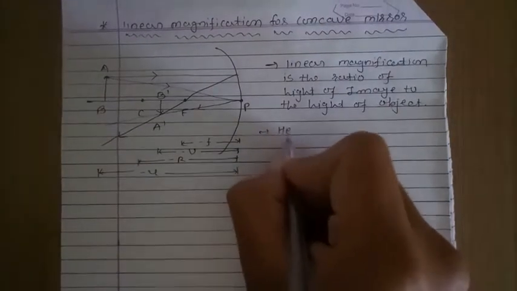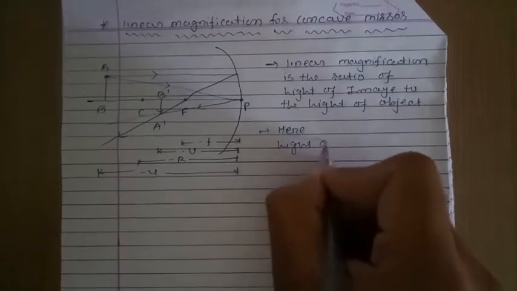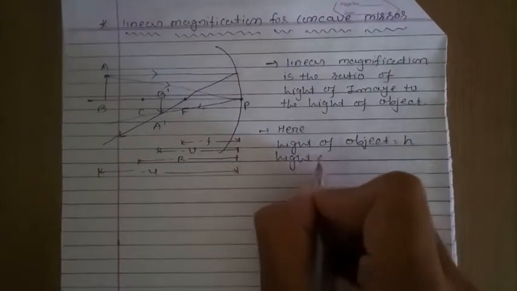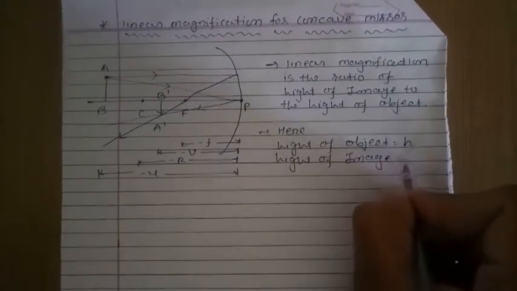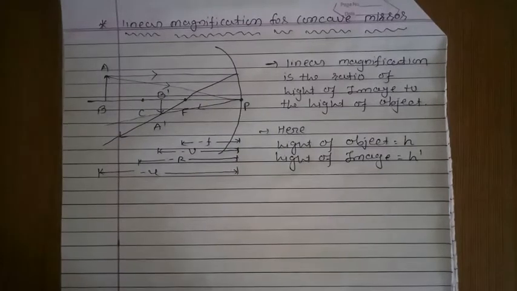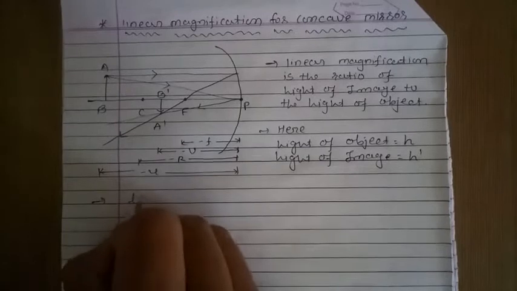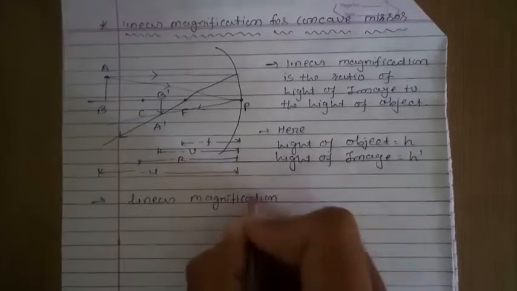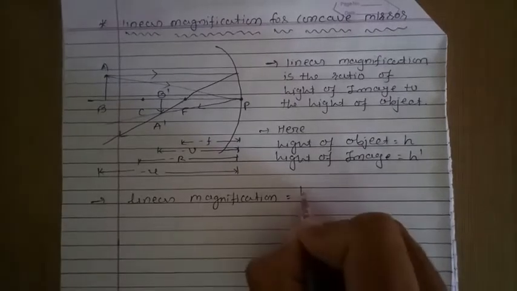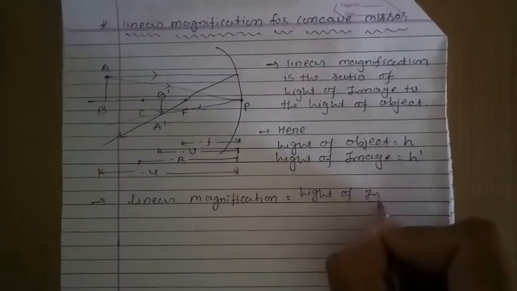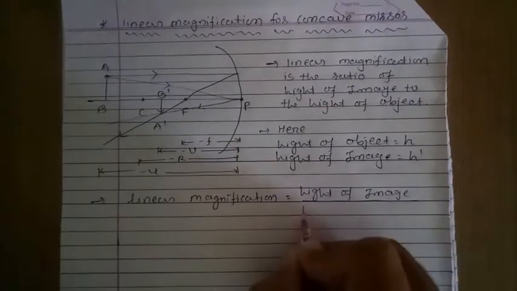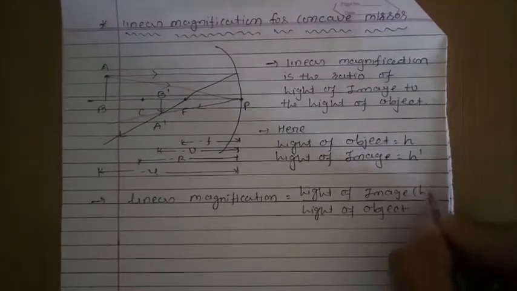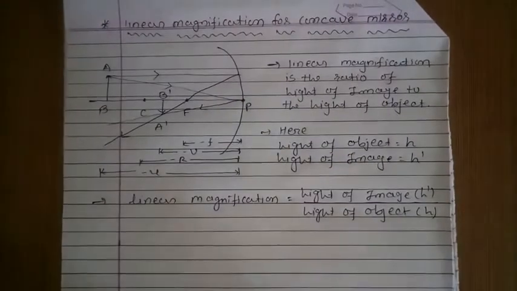So we can write that linear magnification is equal to the height of the image upon the height of the object. Here the height of the image is h dash and the height of the object is h.